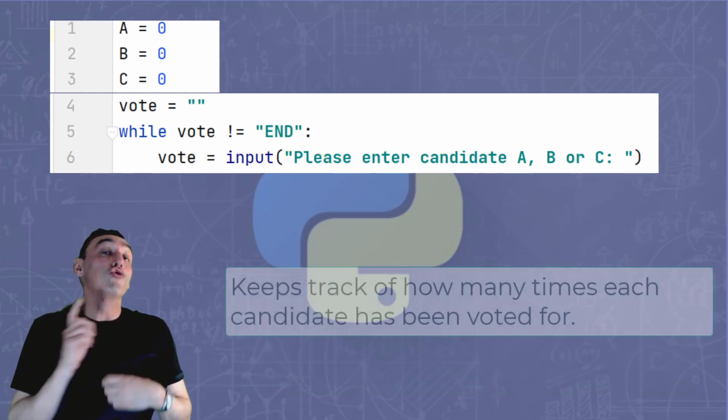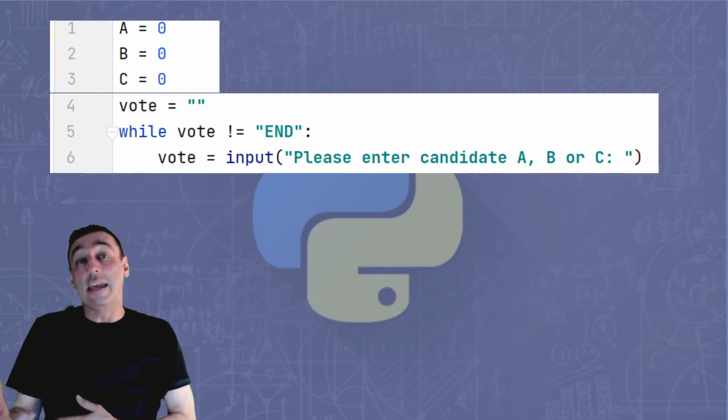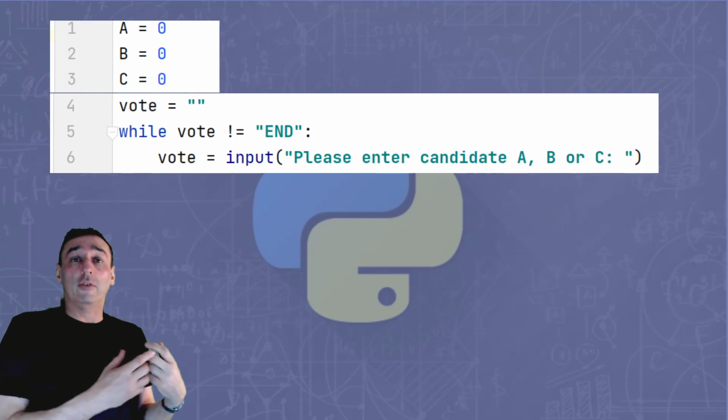We also need to keep track of how many votes are achieved by A, B and C. We're going to do this by using simple if statements.